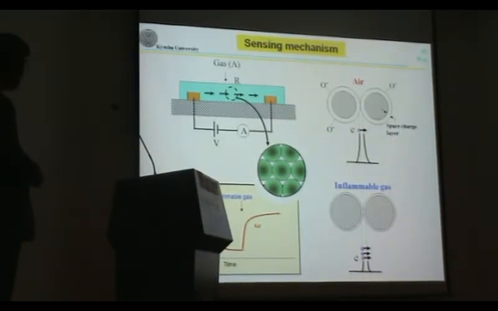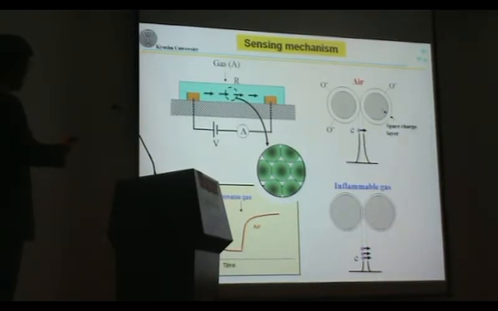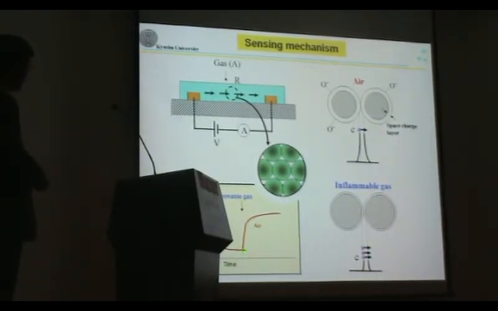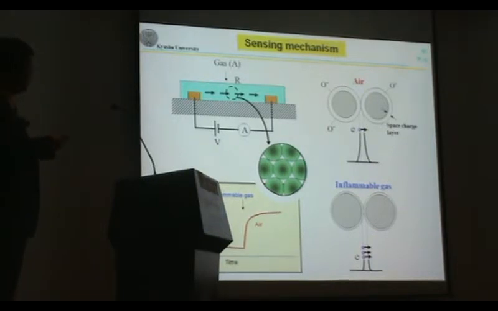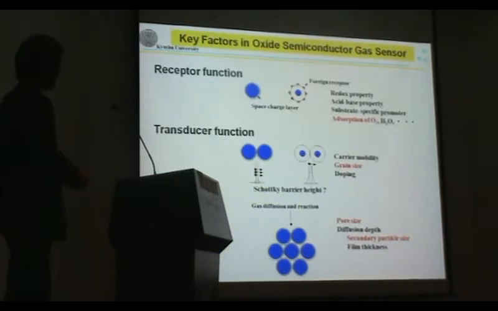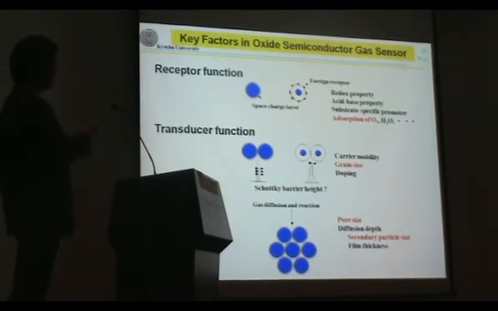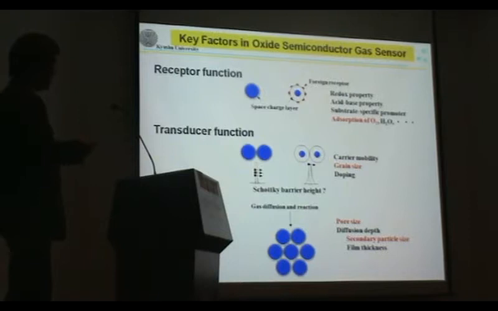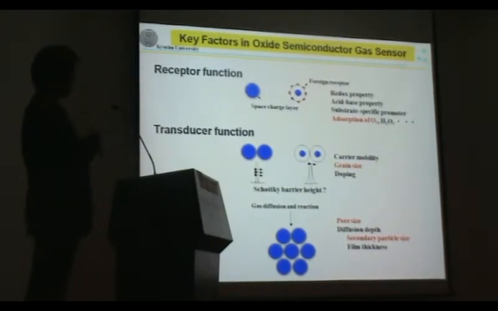In flammable gas, the resistivity quickly goes down, and then the resistivity returns back to the previous level. We can detect flammable gas by using this sensing mechanism. Okay. To obtain a high performance sensor, three important key factors are needed.